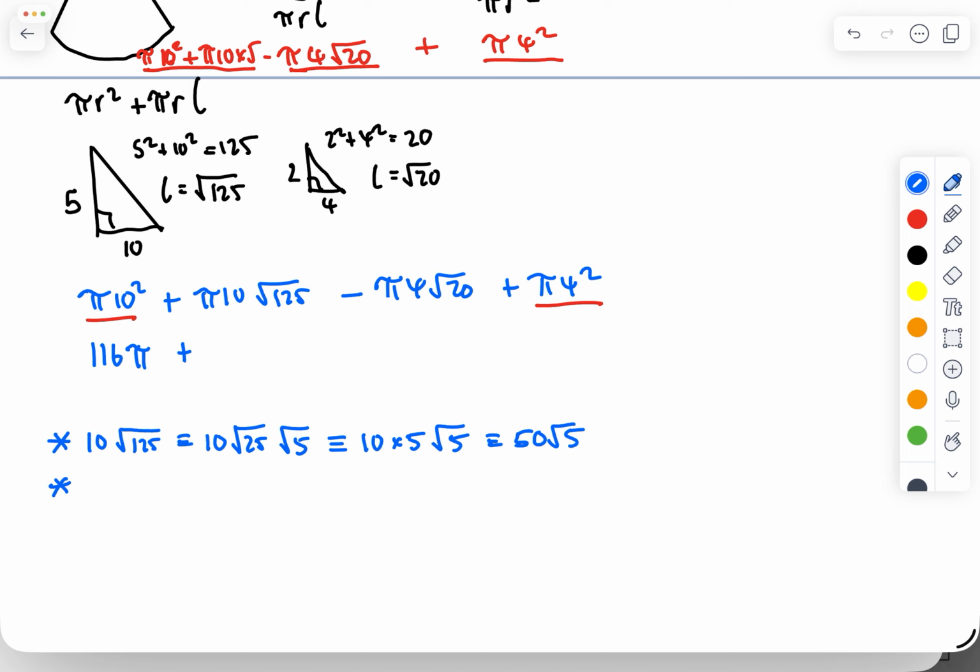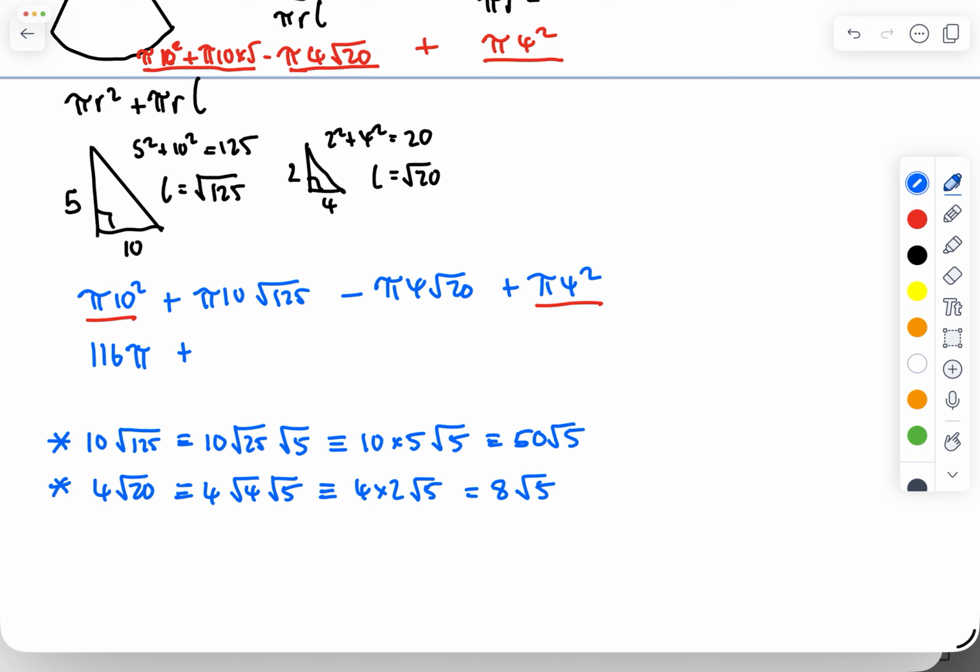Same thing in the other one. I've got 4 square root of 20. I can write that as 4 times square root of 4 times square root of 5. We know the square root of 4 is 2. So that's 4 times 2 square root of 5, 8 square root of 5.